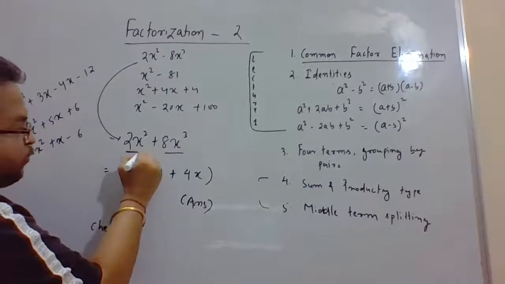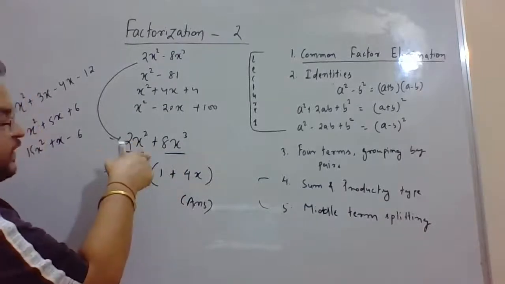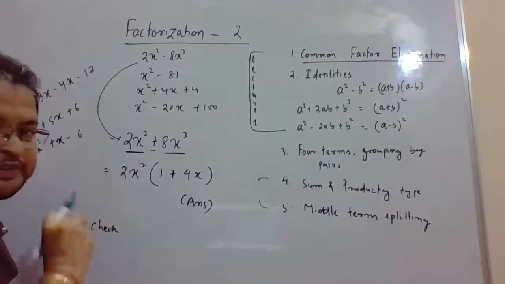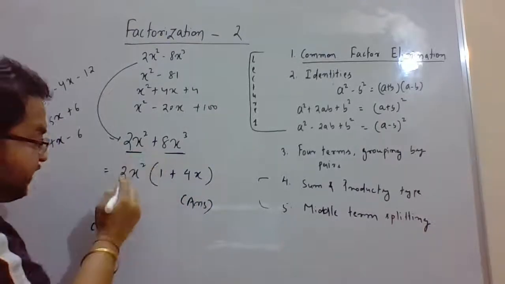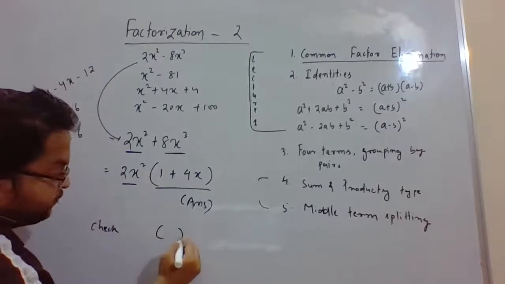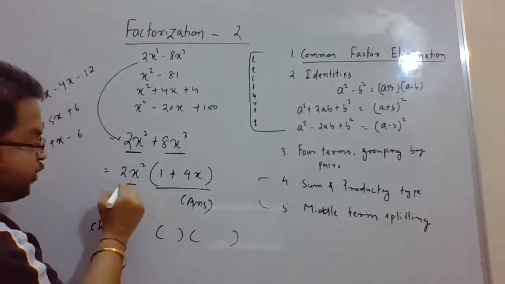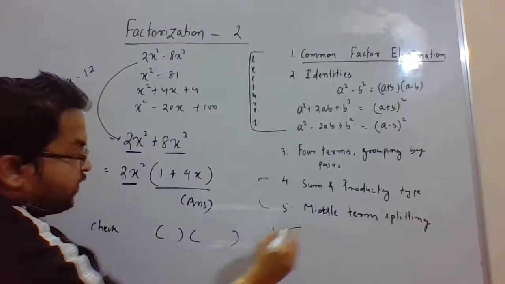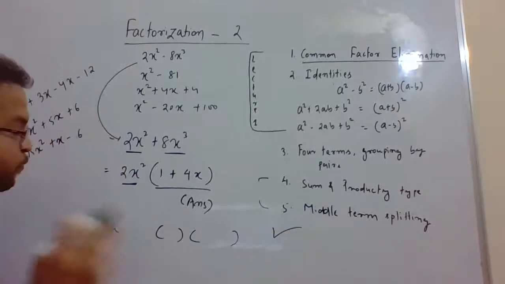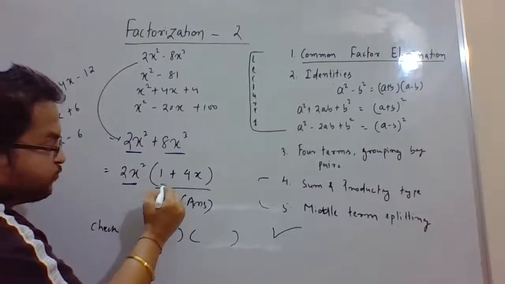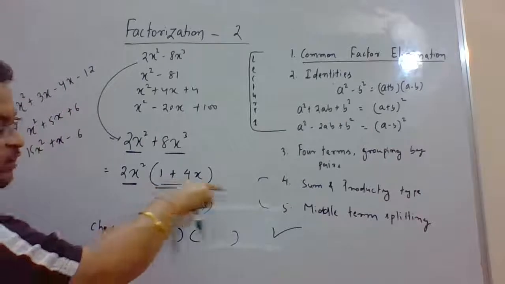Now let's do a quick check if it is fully factorized or not. My expression was a summation of two terms, and in my final answer I have expressed it as something into something, which means these are factors, so point number one is satisfied. Now point number two: what is the highest power of x in this expression?